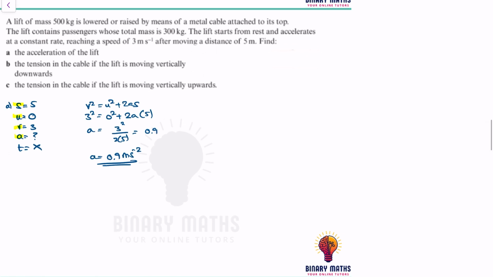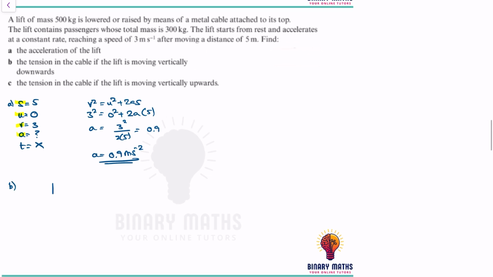B, the tension in the cable if the lift is moving vertically downwards. So we've got this. Okay, so what we do know is the lift is accelerating downwards.